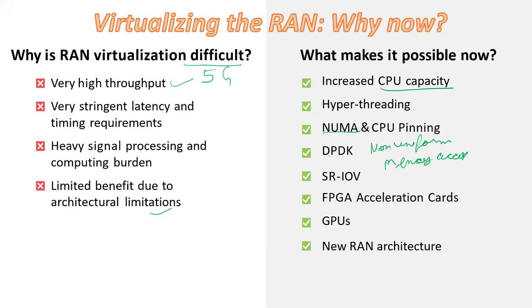Then we have DPDK, which is the Data Plane Development Kit, and it consists of libraries. The main purpose is to accelerate packet processing, right? And then we have FPGA. You may have heard of this term a lot. FPGA is field programmable gate arrays, and these are integrated circuits often sold off the shelf.